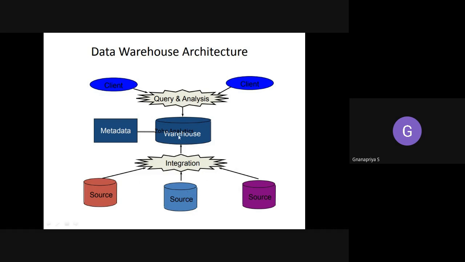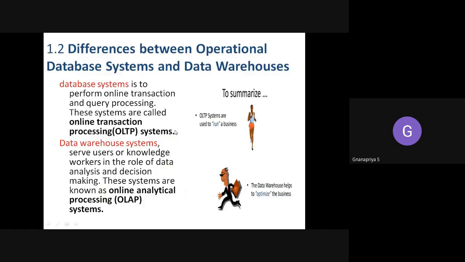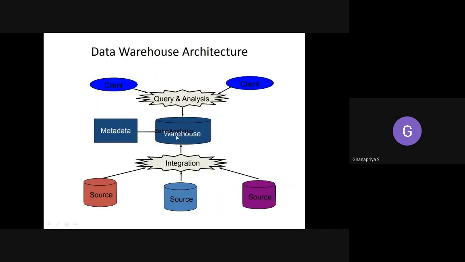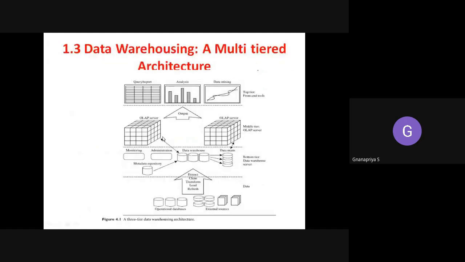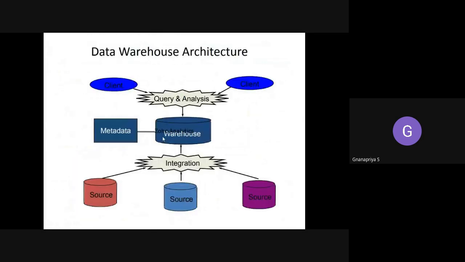So data warehouse integrates data from various sources, as we said, and this is being stored in the warehouse. And this Zoho Analytics is a warehouse tool, a business analytics tool.